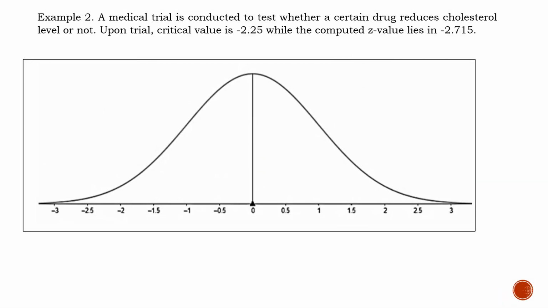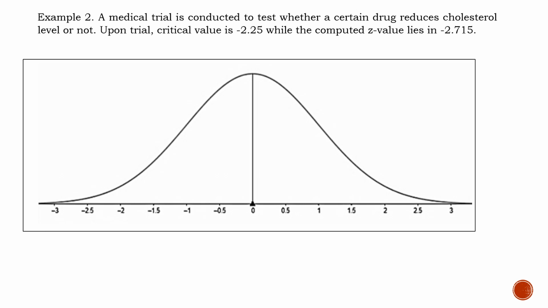Example number 2. A medical trial is conducted to test whether a certain drug reduces cholesterol level or not. Upon trial, the critical value is negative 2.25, while the computed z-value lies at negative 2.715. So our critical value is a negative number, and our computed z-value is also a negative number.